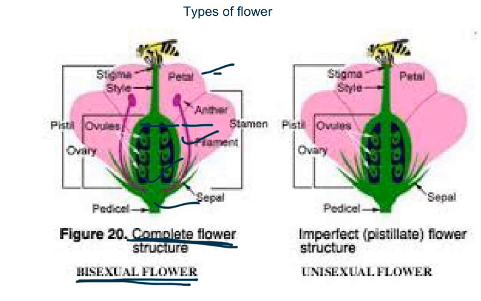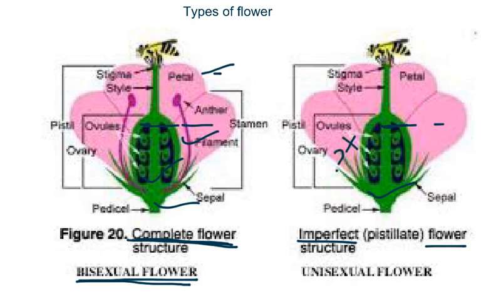pistil. If you see this flower, it is an imperfect or incomplete flower. Why is it an incomplete flower? Because if you see here, it has corolla, it has calyx, it has pistil, gynoecium, but there is no stamen. The male part of a flower is missing.